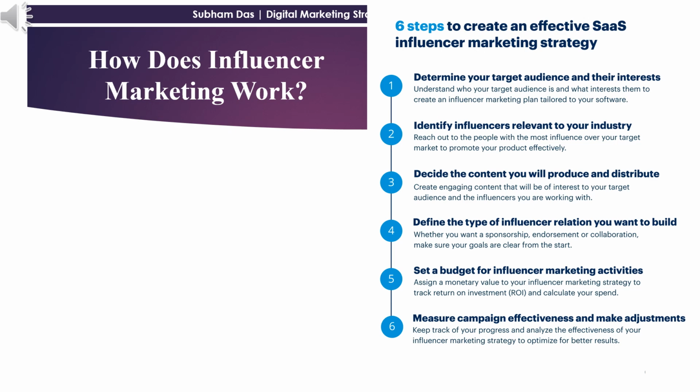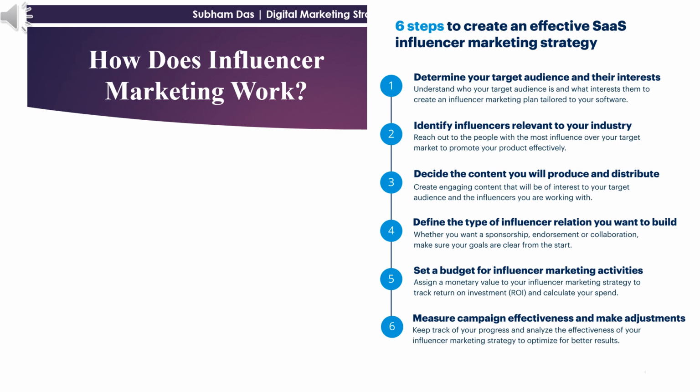And the fifth step would be to set your budget for influencer marketing. How would you pay and what you would be comfortable paying. That is the budget for influencer marketing. And lastly, the sixth step would be measuring the campaign effectiveness and making adjustments so that you achieve your ROI and your business objective.